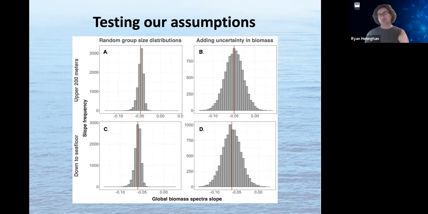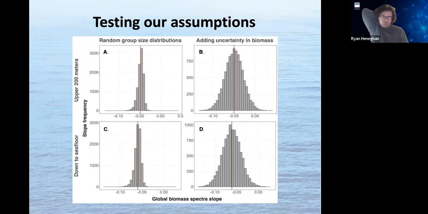From that, we were sampling from that 95% range for each group. Given the magnitude of uncertainties, the range of our slopes was still relatively small.